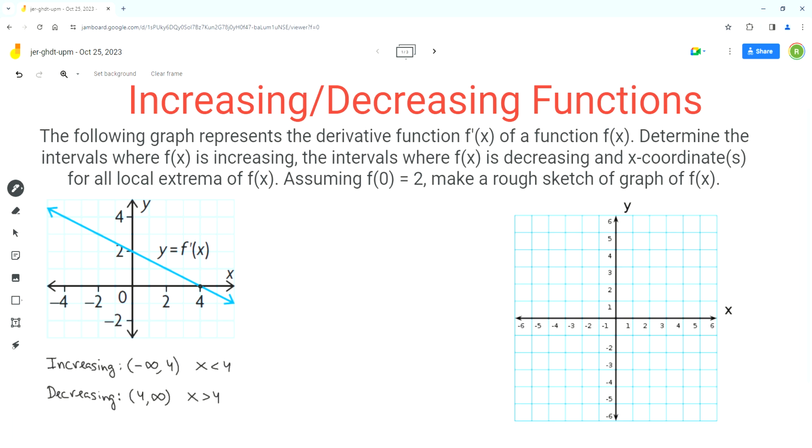Now we also have to find the x-coordinates for all local extrema. So in this case, at x equals 4, the function changes from increasing to decreasing as we go from left to right. That means there is a local maximum at x equals 4.